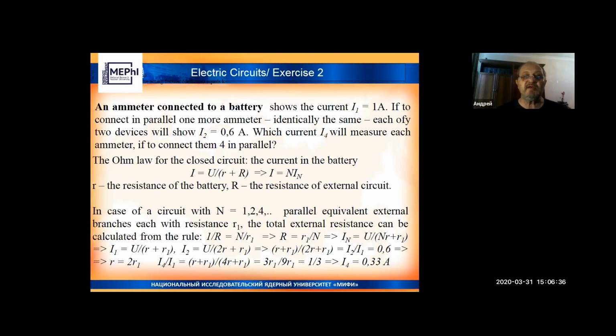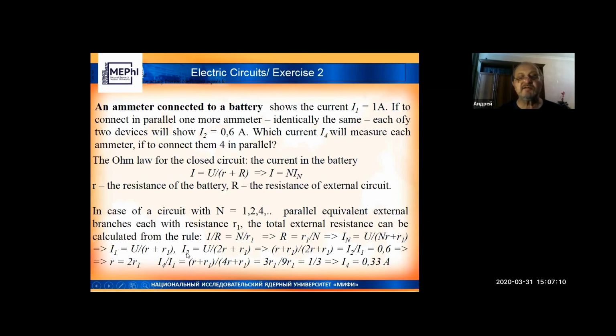Now we may substitute this value into the closed circuit Ohm law and get the answer for this exercise from mathematics. What will we have? The current from 1 ammeter will be equal to the voltage produced by the battery divided by the internal resistance r plus R1, the resistance of 1 ammeter.